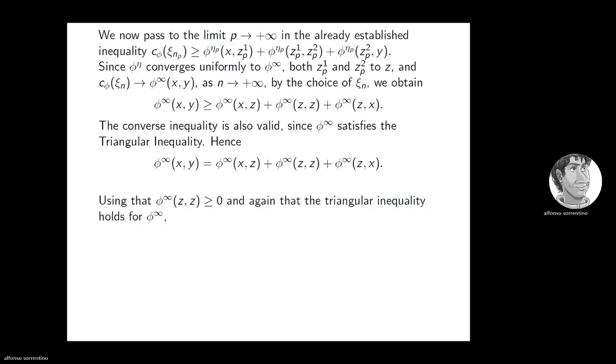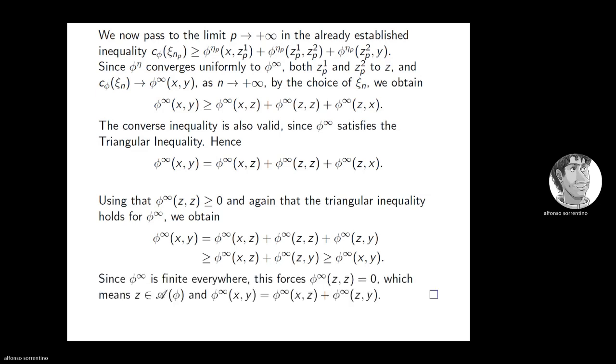In fact, I have not used up to here that phi infinity is finite. I could have done it even with phi infinity identically plus infinity. But what happens is that when phi infinity is finite, this has to be 0. This has to be 0 means that in fact z is in the projected set.